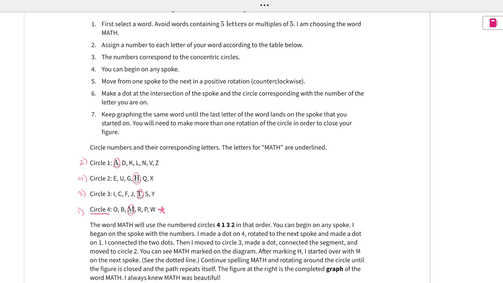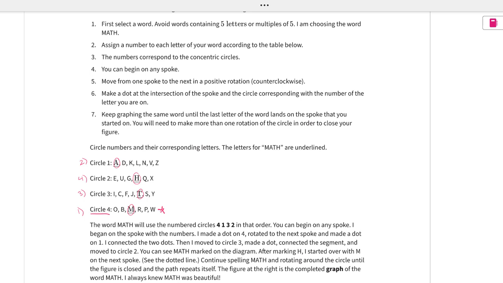You can begin on any spoke. So remember, we can start anywhere as long as we follow that order. I began on the spoke with the numbers. I made a dot on 4, rotated to the next spoke and made a dot on 1. I connected the 2 dots.